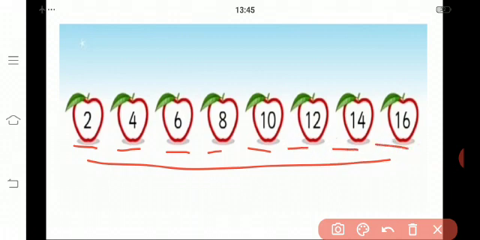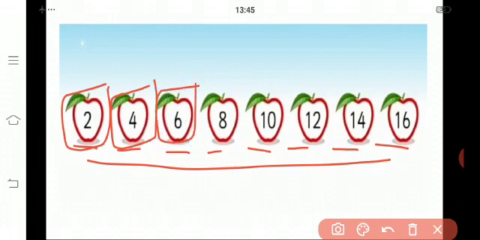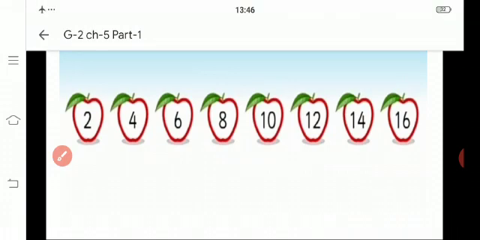If we compare the numbers 2 and 4, 4 is greater than 2. Then if we compare the numbers 4 and 6, 6 is greater than 4. The pattern is going in increasing order.